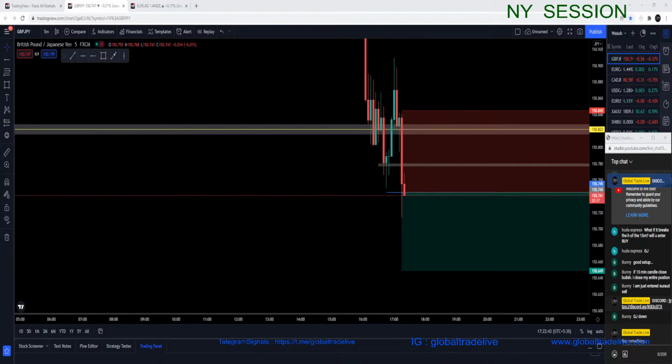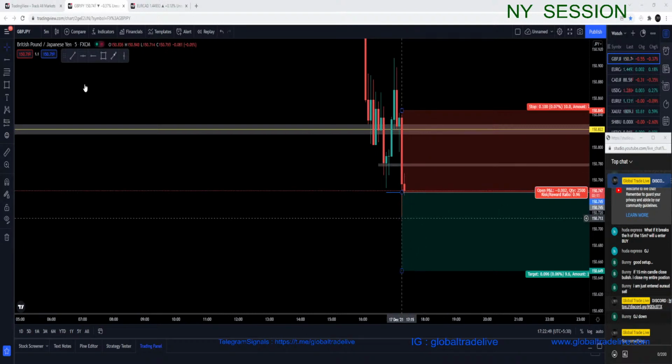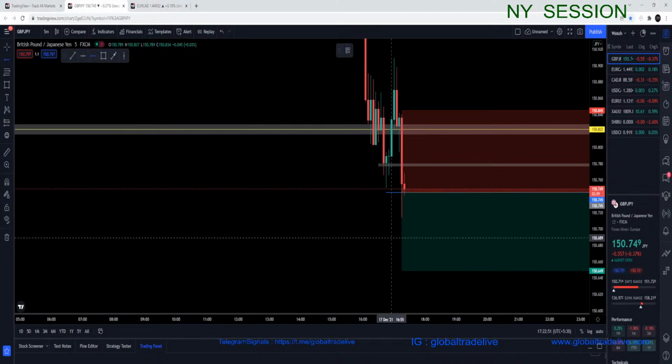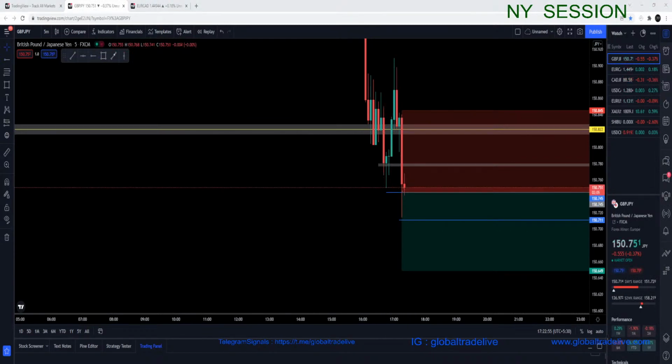So last 2 minutes remaining. Let's really hope that this 5 minute candle will be dropping all the way down from here. It just has to break this low. Once this low is broken, it will be moving all the way down.